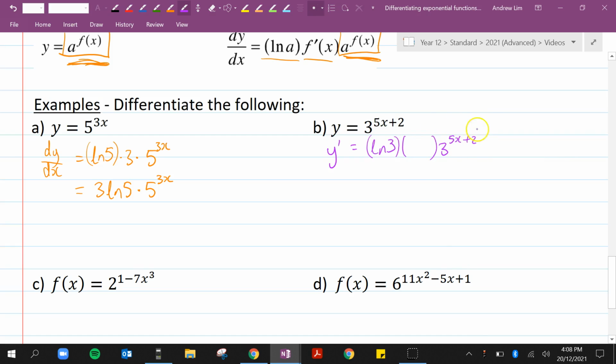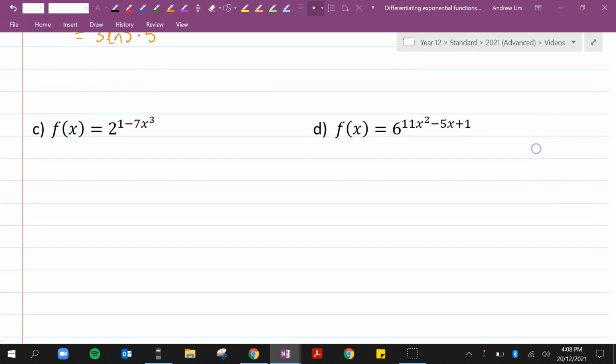So when we differentiate this, we just get 5. So bring that 5 out to the front. That's going to give us 5 ln of 3 times 3 to the power 5x plus 2. Do not multiply the 5 and 3. Do not multiply these ones either. The 5 goes out to the front.